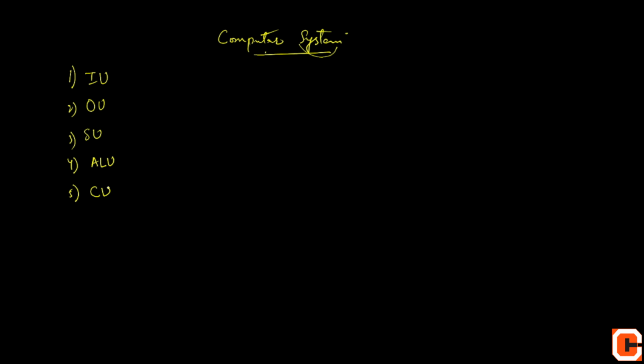We know about the control unit, and lastly, the central processing unit. We will read all of them one by one, and collectively all of these are called a computer system. Now let me tell you what the input unit actually is.